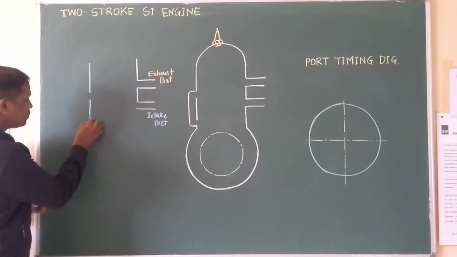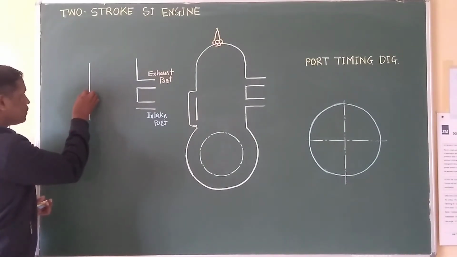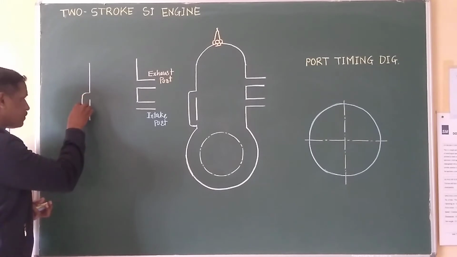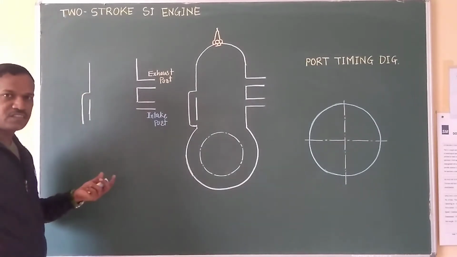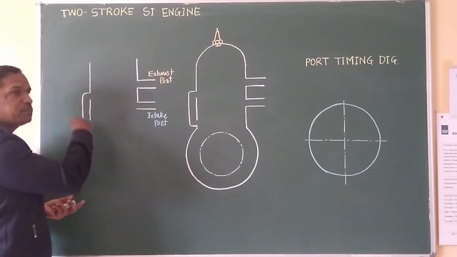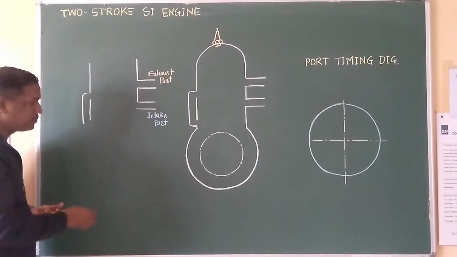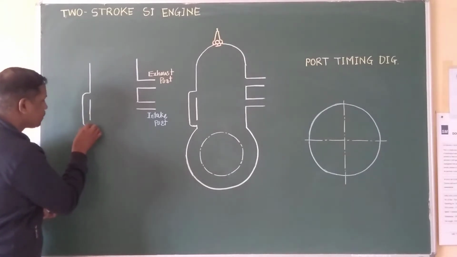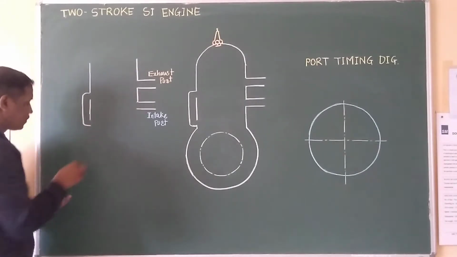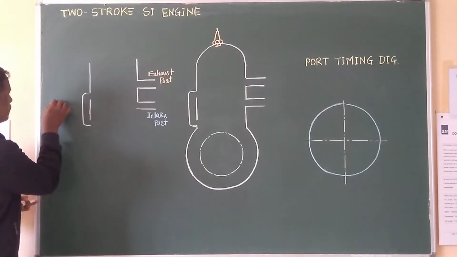Like this. So the transfer port is exactly midway of this thickness. This is the opening, and as the name suggests, it will transfer the charge from the bottom side to the top side. So this is the transfer port.